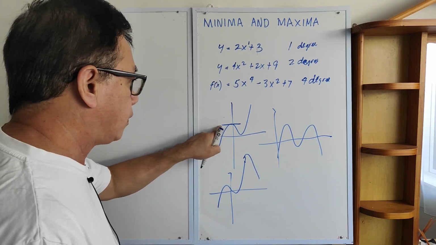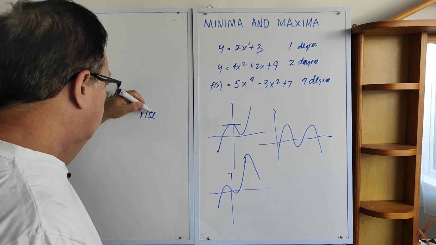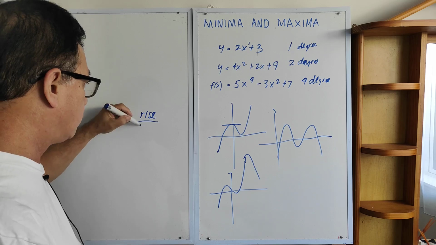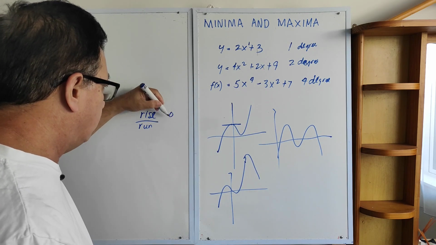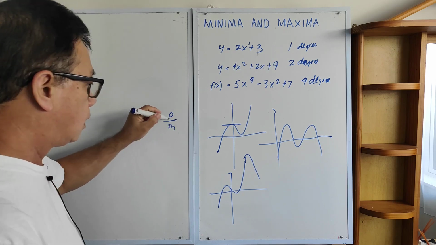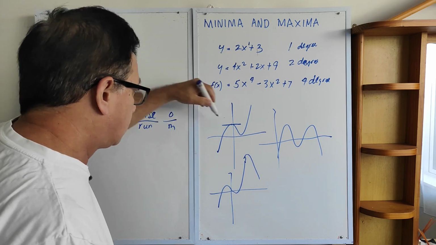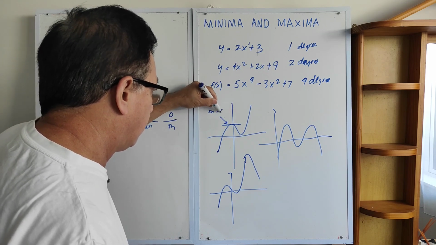If the slope is perfectly horizontal, the rise, since the slope is rise over run, the rise at that point is 0. So whatever the run is, the slope of this one is 0.